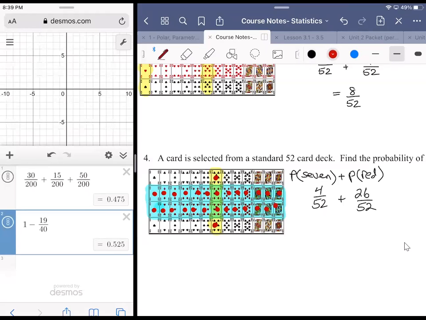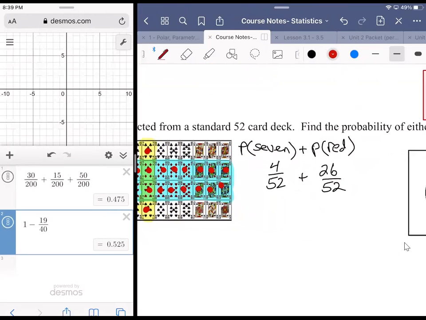But a better way of doing it would be to say we would have the probability of 7 and not red, otherwise known as black, plus the probability of getting red and not a 7.